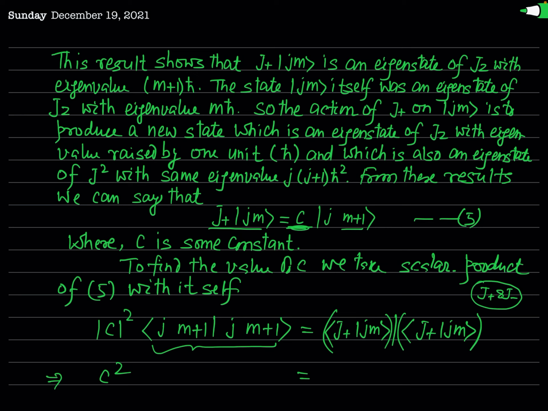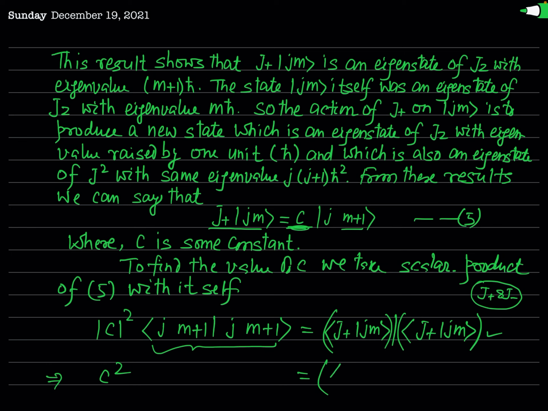We have learnt in the previous lecture that the J plus operator, which is called the raising operator, and the J minus operator, which is called the lowering operator, are not Hermitian, but they are actually Hermitian adjoint of one another. So J minus is the Hermitian adjoint of J plus, and J plus is the Hermitian adjoint of J minus. So the scalar product on the RHS of this equation can be written in this way.